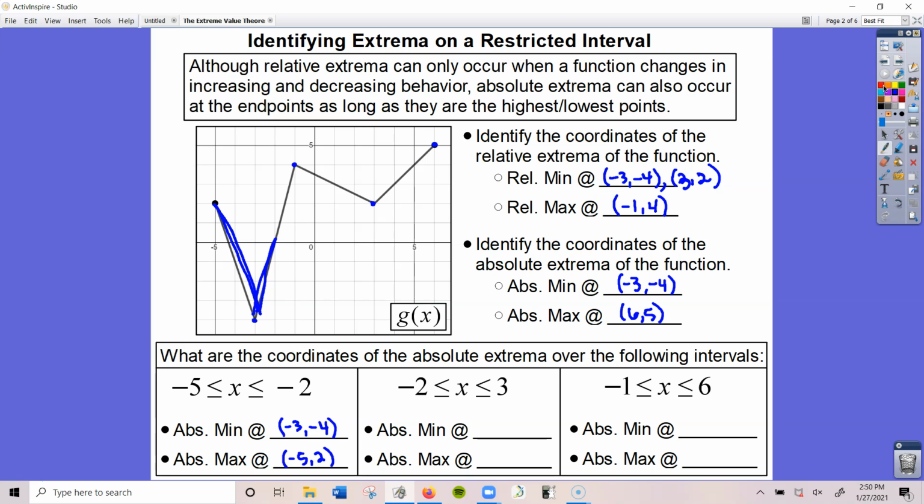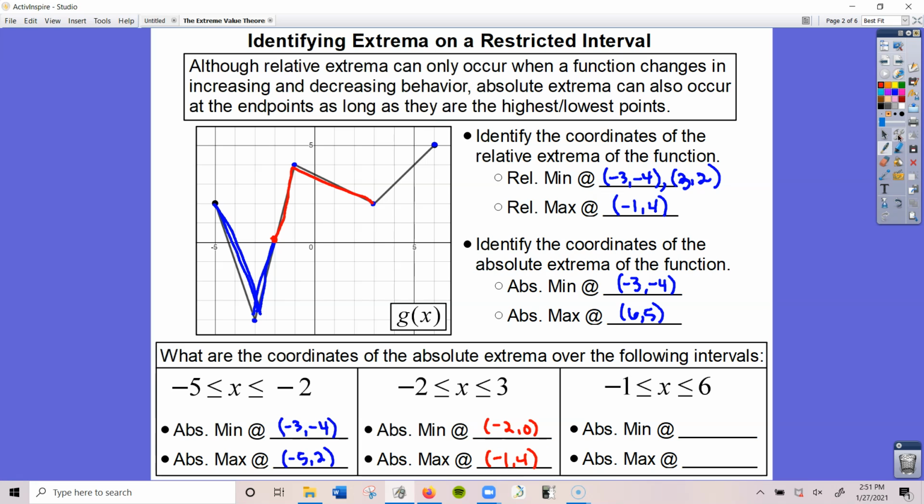For the next interval, we are given -2 to 3. So we're looking from this section to this section here. The absolute minimum would be this coordinate in that section, so at (-2, 0). And the absolute maximum is now at (-1, 4).